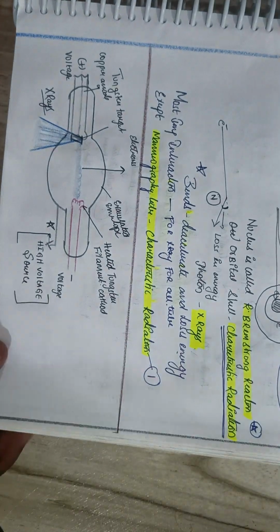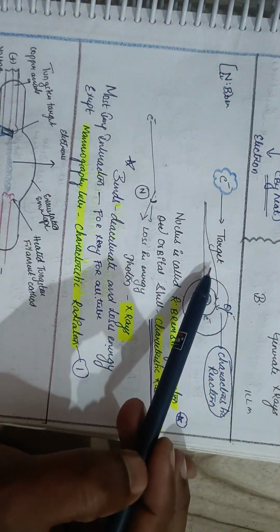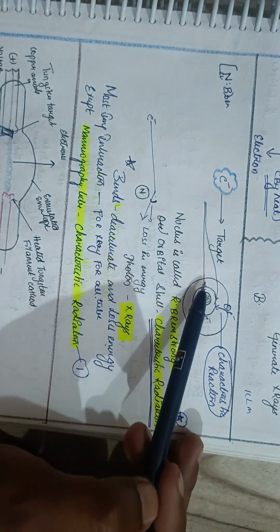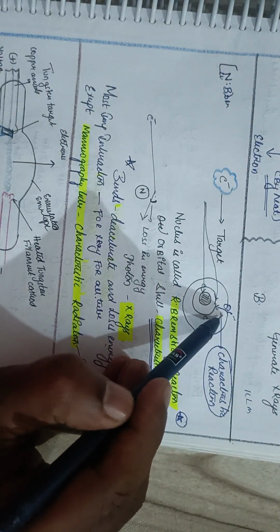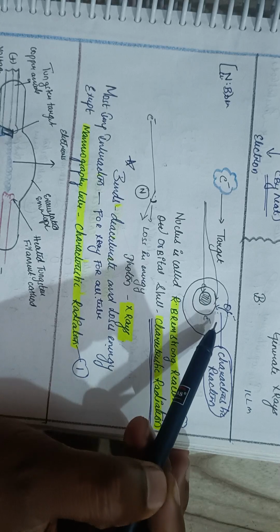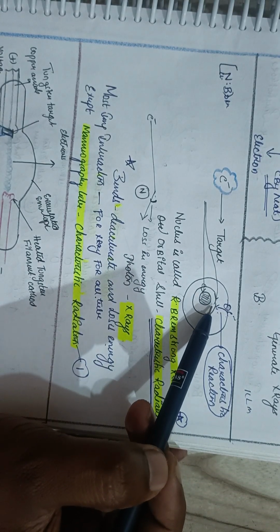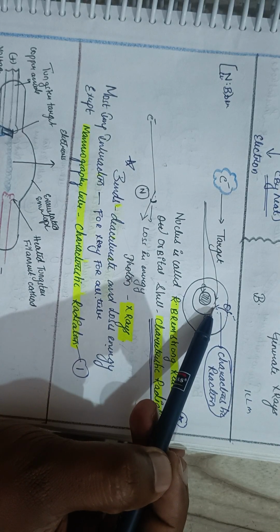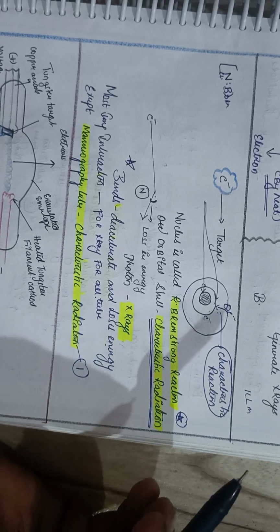So what is characteristic radiation? Now the electrons are moving and hit this atom. You have the K, L, M, N shells. Soon there is a loss of electrons in the inner orbits, and the outer orbit electrons try to occupy the inner orbit.